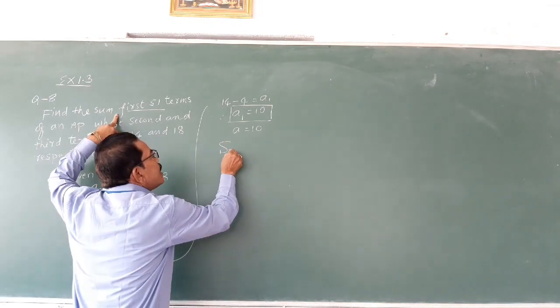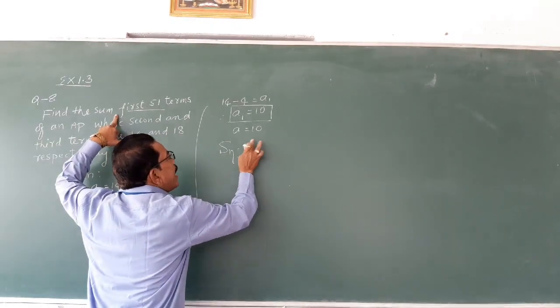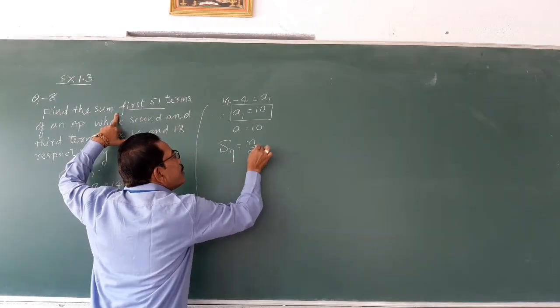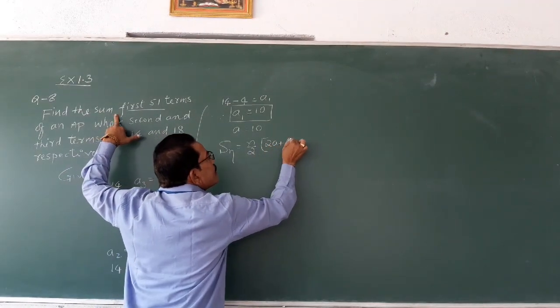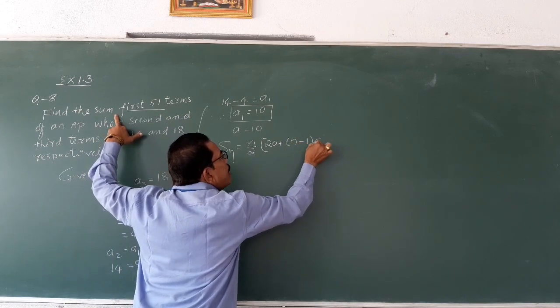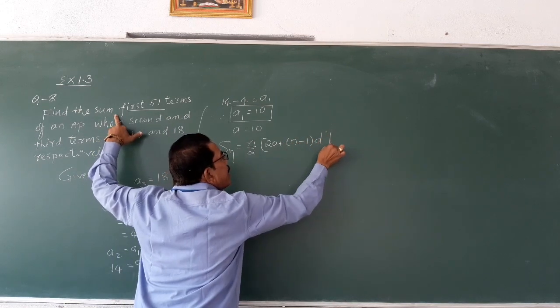So, Sn equals n by 2, in the big bracket, 2a plus n minus 1 into d, bracket close.